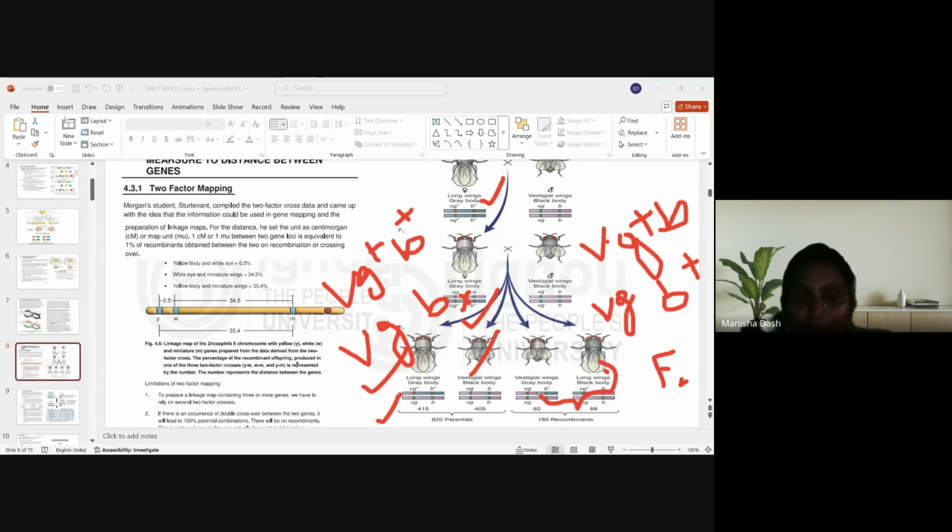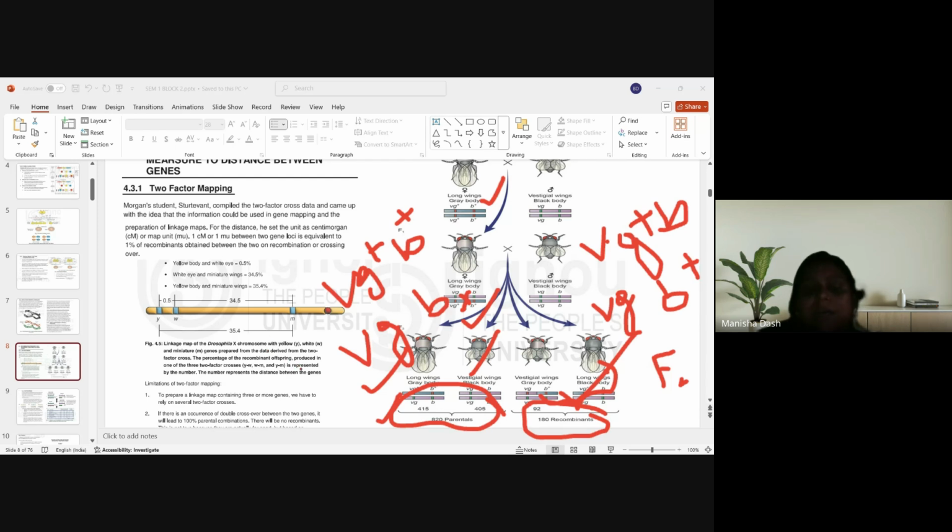Now, the number of parental combinations is much higher in comparison to the recombinants. Why? This is dependent on the distance between the genes. The greater the distance, the more frequently recombination will occur and you can have a higher number of recombinants. But if the distance between the genes is less, then the recombination frequency will be less and you will have fewer recombinants.